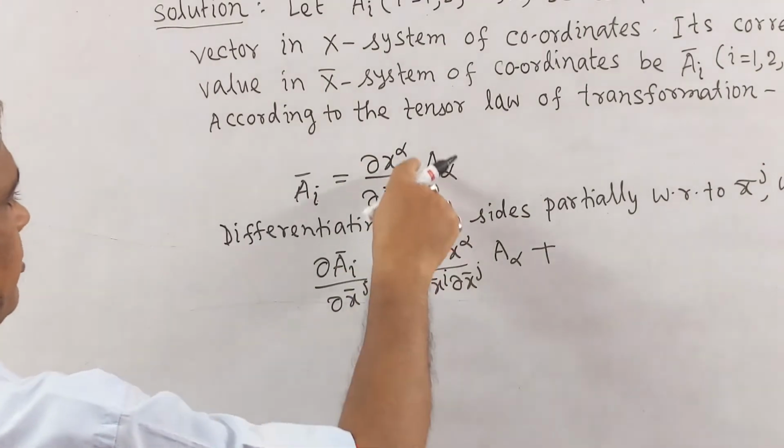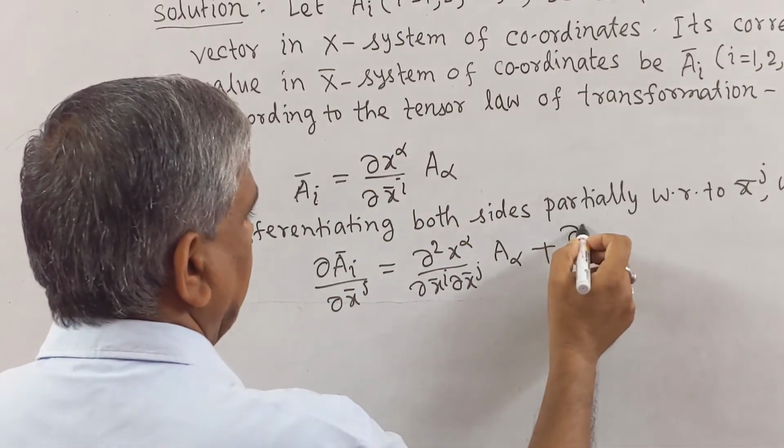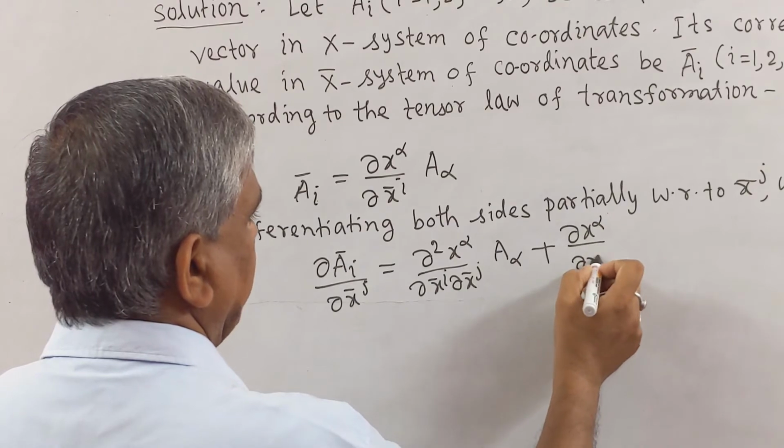Now this partial derivative remains same, del x alpha by del x bar i.